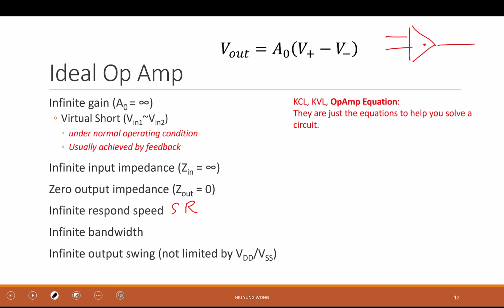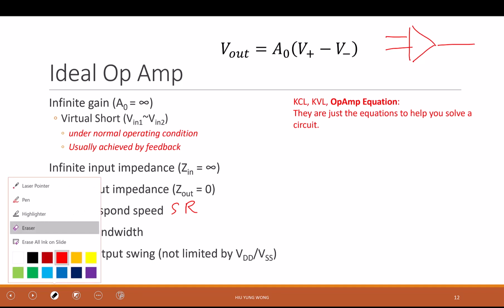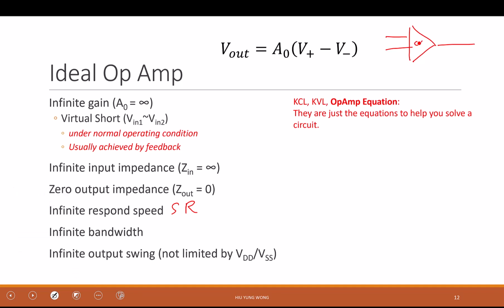right? I pass you the chip. The gain is infinity. Are these 2 terminals, do they have the same voltage? The gain is infinity. Do they have the same voltage?